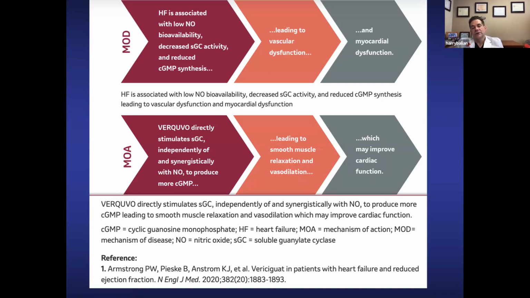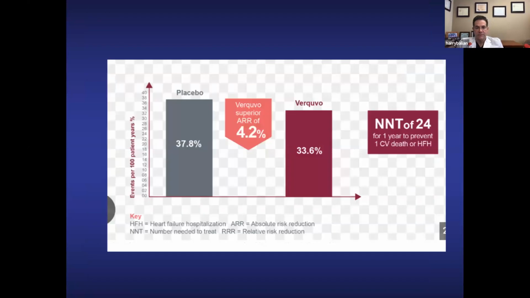Initially, consideration of first the diuretics and afterwards beta blockers, then the Entresto and the adjunct of the SGLT 1 or 2 inhibitors or both, and then subsequently the Verquvo, which is the one that improves the cyclic GMP and nitric oxide, leads to smooth muscle relaxation and improvement of heart failure symptoms.